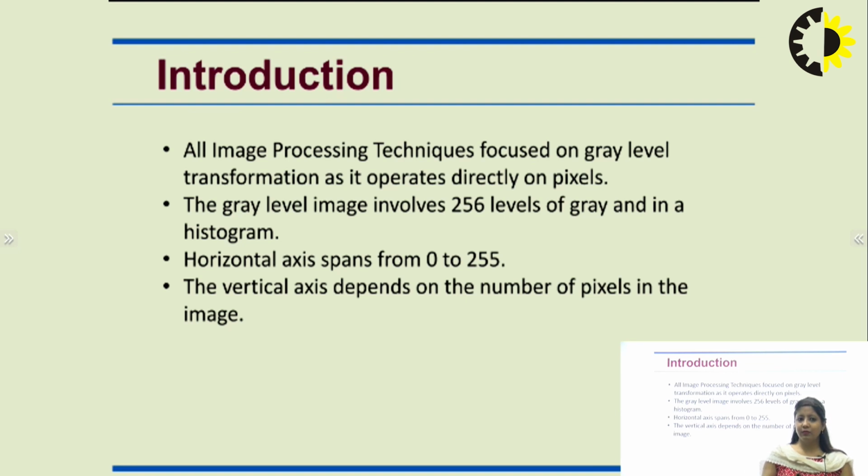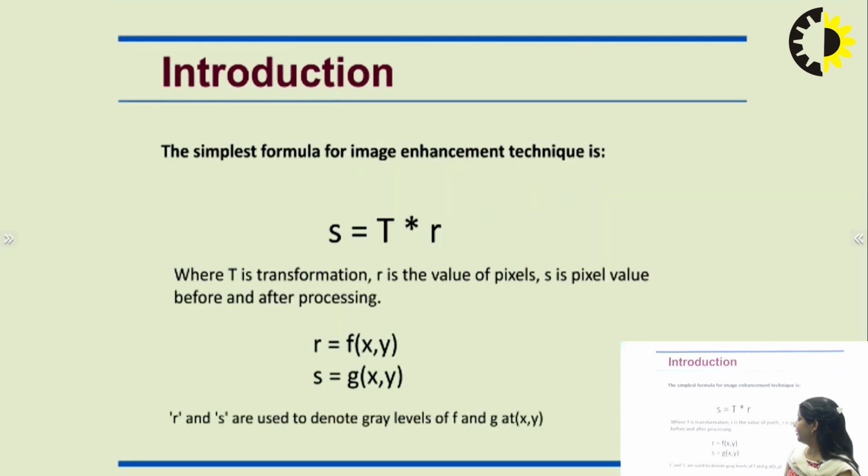So firstly, we have to calculate the intensity of the gray level image. Next is the conversion. Why are we learning this transformation? For image enhancement. For image enhancement, we have to transform our image into another form.